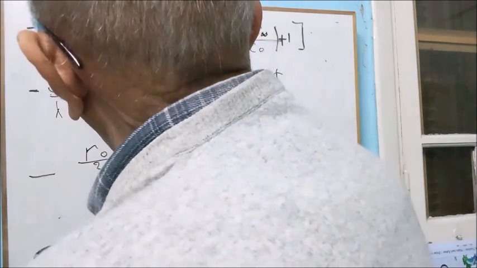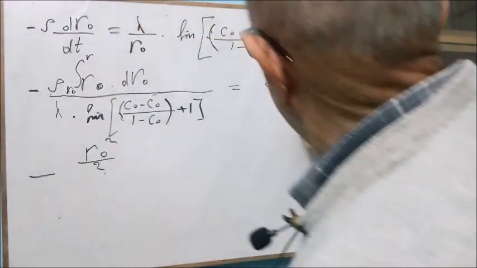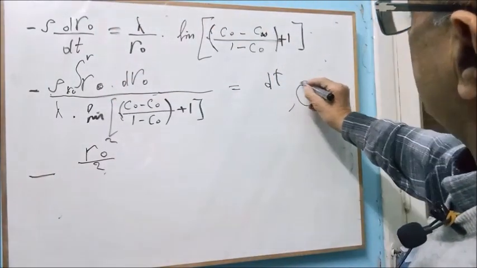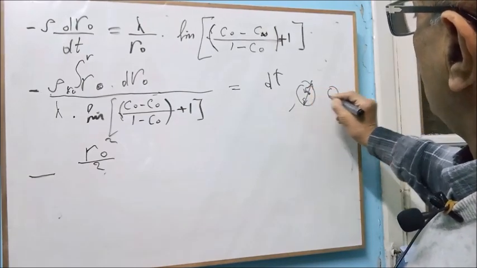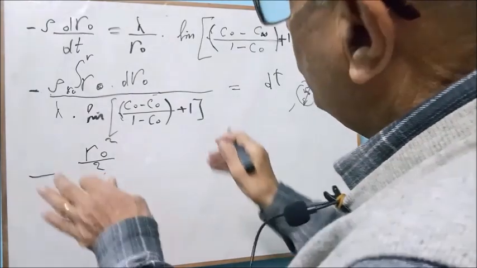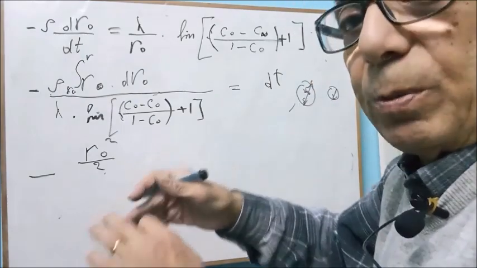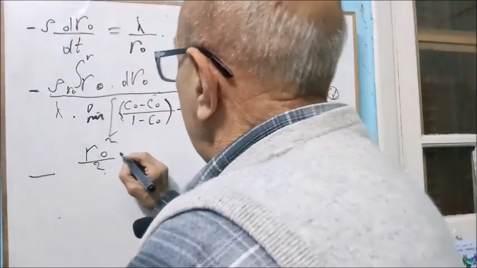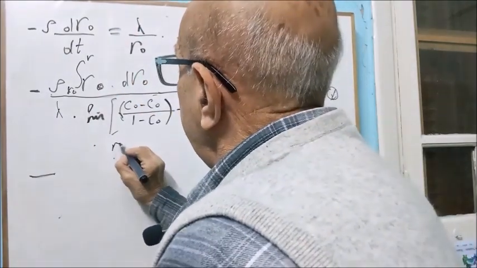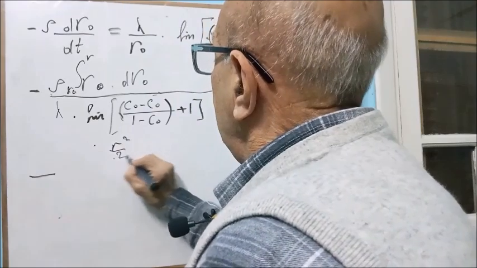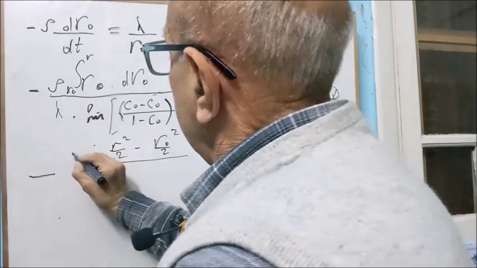But note here we should have been integrating from R0 to the new r, to the smaller r, because we consider that the particle diminishes from d0, whose radius is R0, to the new smaller diameter. Or if we put d as 0, this means the time necessary for the particle to completely vanish or evaporate. So here we have, from the upper limit to the lower limit, r squared over 2 minus R0 squared over 2, times rho, of course.